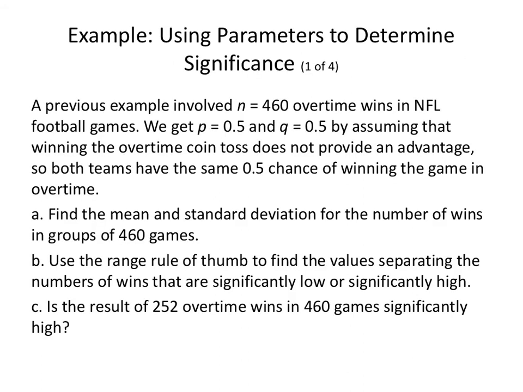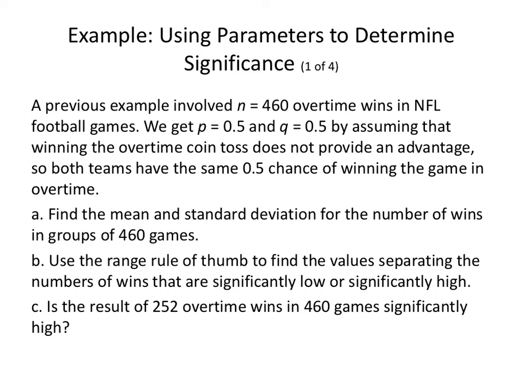We're going to look at the football example again and use the parameters to determine significance. In the previous example, we had an n of 460 overtime wins in NFL football games. We get that p was 0.5 and q was 0.5 by assuming that the overtime coin toss does not provide an advantage. So both teams have the same 0.5 chance of winning the game in overtime.